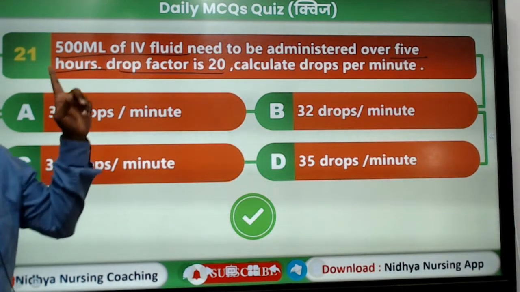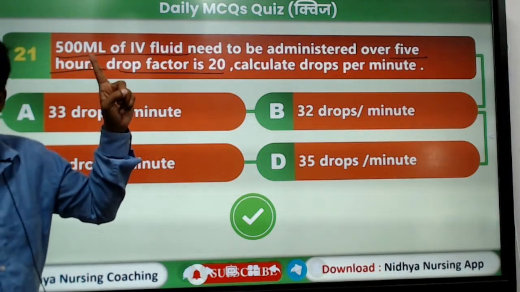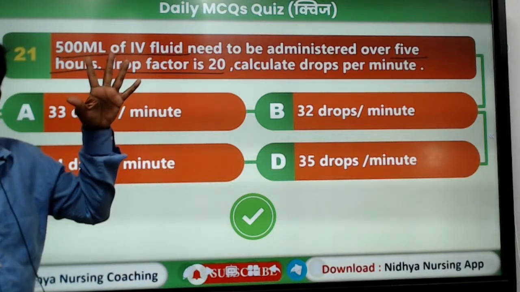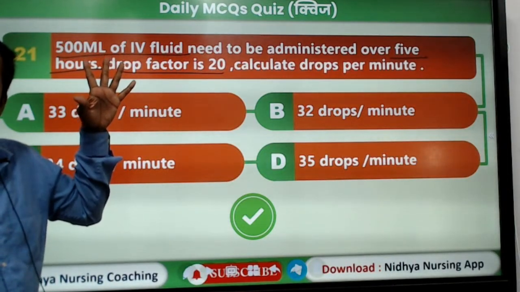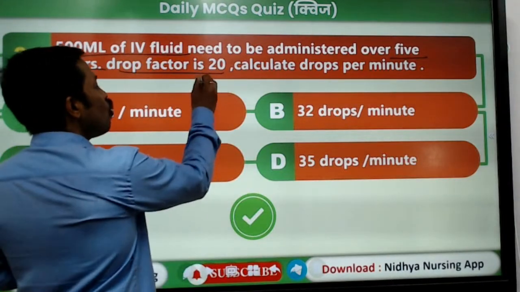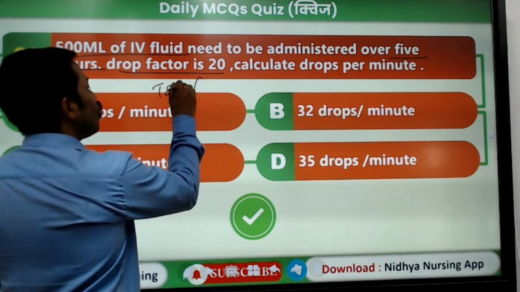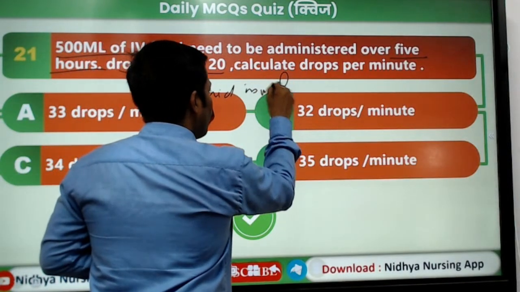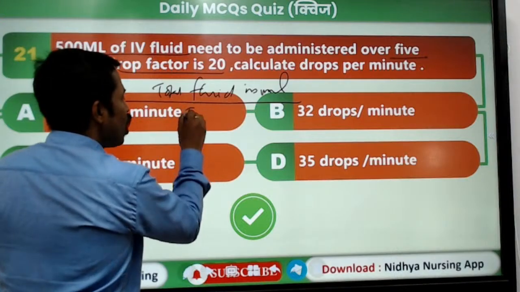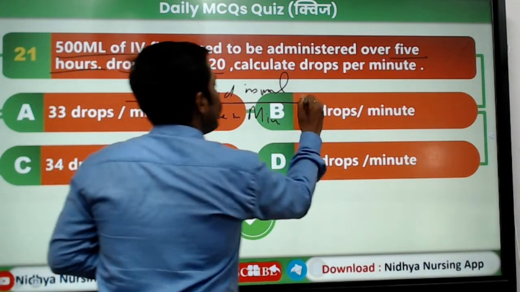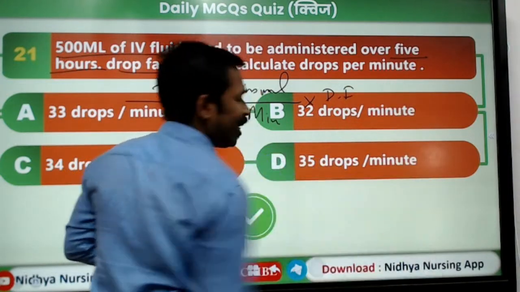So what is the answer? 33. Did everyone get 33? Do you know how to do it? Okay, so listen here. What is the formula? Formula is total fluid in ml divided by total time in minutes into drop factor.